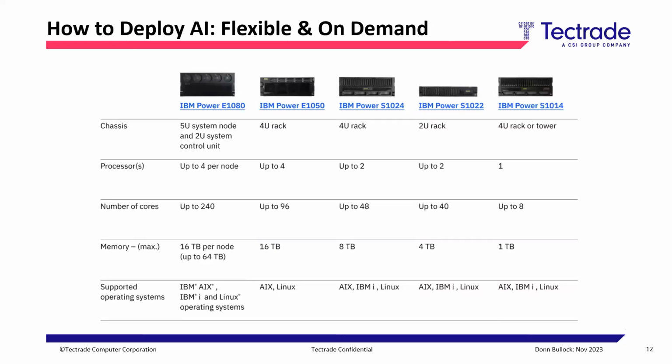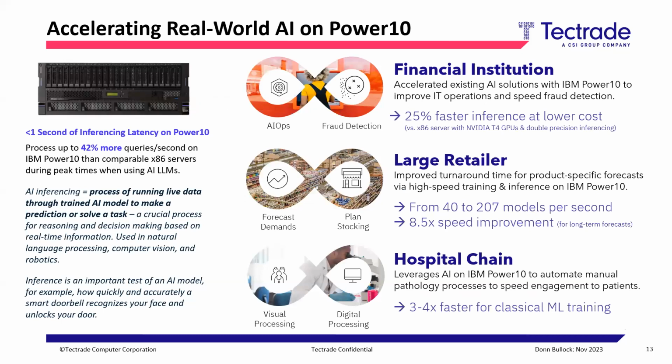From the 1080, which is incredibly high performance and high scalability, down to the more basic 1014, which I've had the experience of working with quite a few customers on. This portfolio gives you a great starting point, a great sense of the development that's been done in the background, building out an AI portfolio that you can leverage today and scale as your needs change.